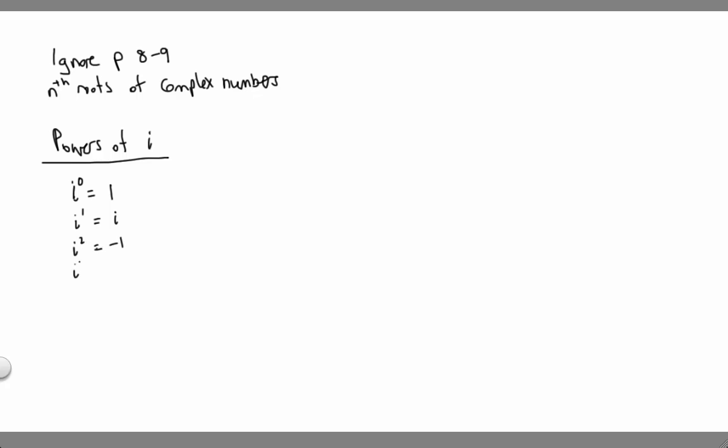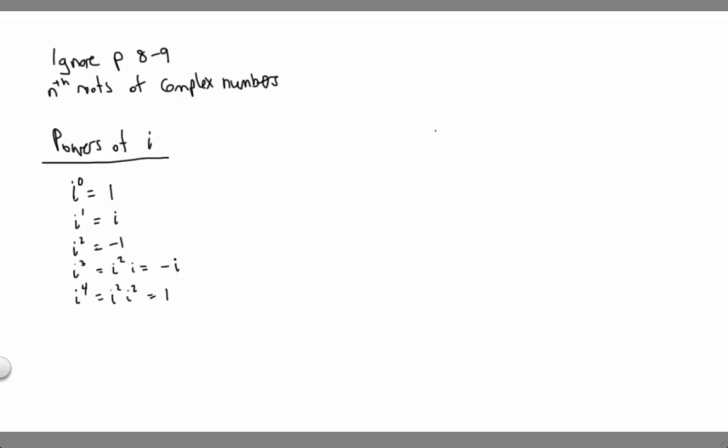And so if you did something like i cubed, you'd think of i cubed as being i squared times i. So -1 times i would be -i. And then we could even do i to the 4th if you wanted. You could say i to the 4th is i squared times i squared. So that would be like taking -1 times -1. That would give you back to 1.